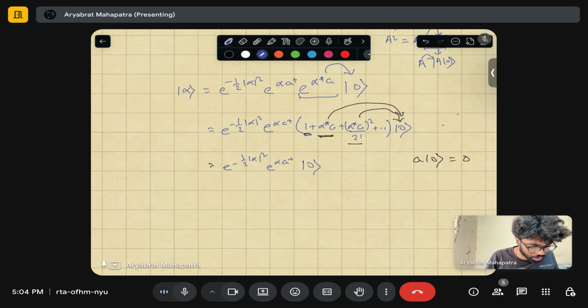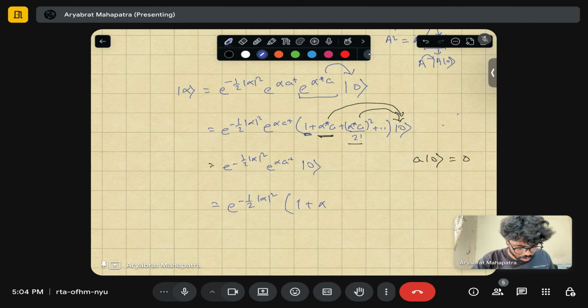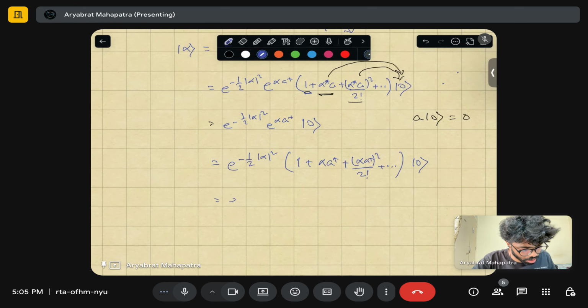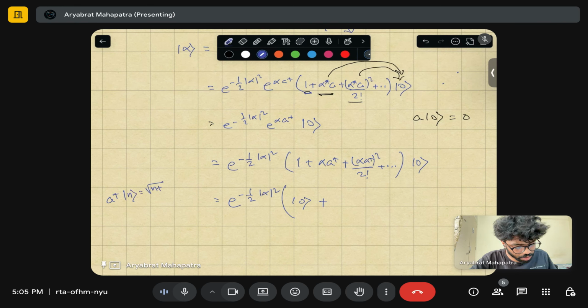And the same way, you do a similar thing for the other factor: you expand 1 plus alpha a dagger plus alpha a dagger squared over 2 factorial plus other terms, acting on 0. Here, a dagger acting on any nth state gives root n plus 1 times the state n plus 1.